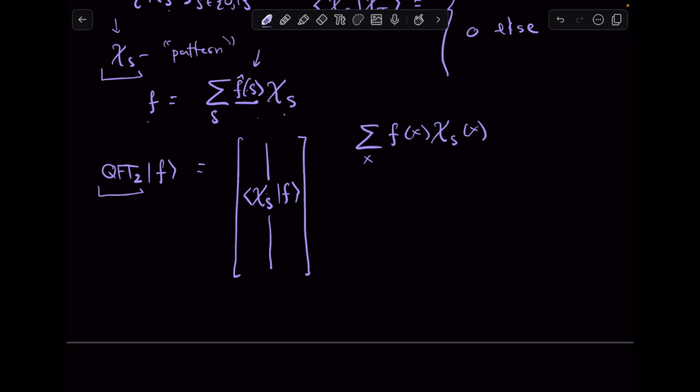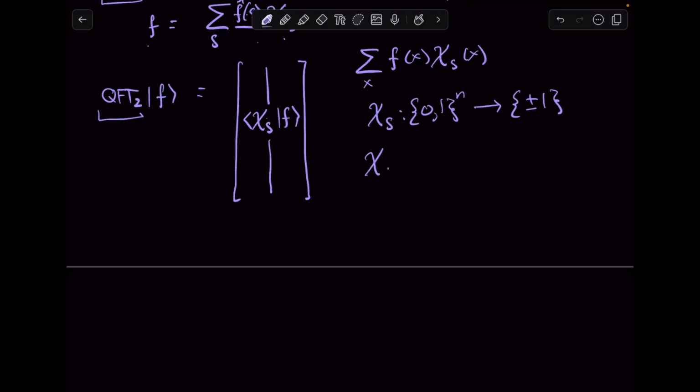So chi of s is, like I've said, a Boolean function, but here we're considering it going to plus minus 1, and its action on a particular bit string x is to take -1 to the power of x dot s, where this is the inner product mod 2. So this is a sum over all i such that s of i is equal to 1, because these are the only terms that survive, of xi mod 2.